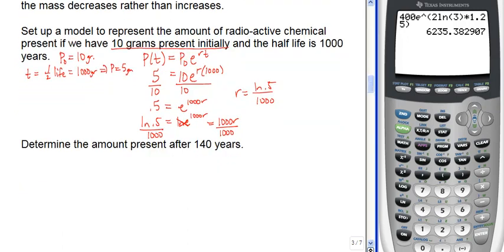And just a little note here, this is actually a formula that works every time. So the rate of decay for half-life is always R equals ln of 0.5 divided by whatever your half-life is. So I'm going to call that H. So this is a formula that you can use to avoid having to reproduce this work every time, because the same thing is going to happen each time you're talking about half-life.